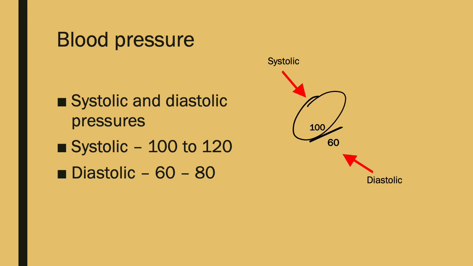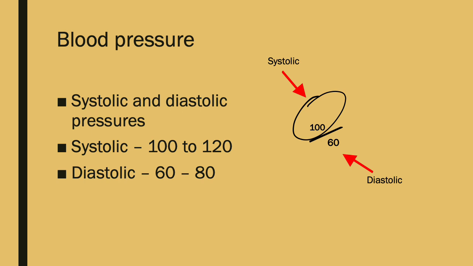The systolic blood pressure, the range of normal is from 100 to 120, whereas with the diastolic blood pressure, the range of normal is 60 to 80. But these numbers need to be interpreted in context of the patient, which is why we usually advise in clinical practice that patients must not Google their symptoms, but rather they must consult a qualified practitioner to help them interpret their blood results or vital signs in context.